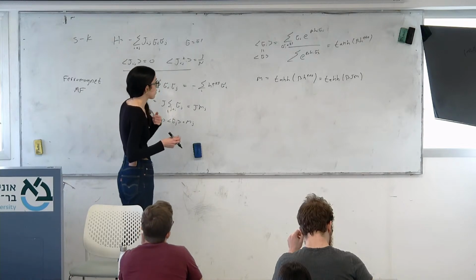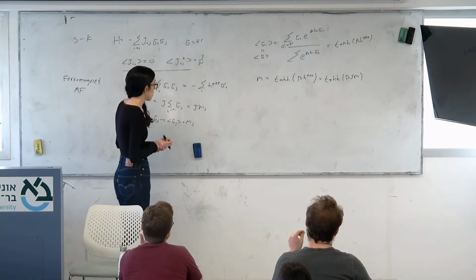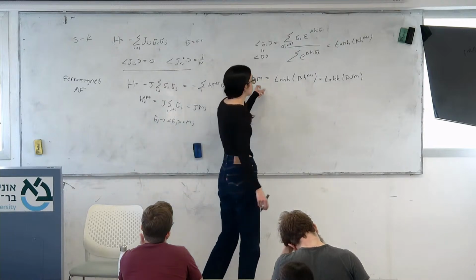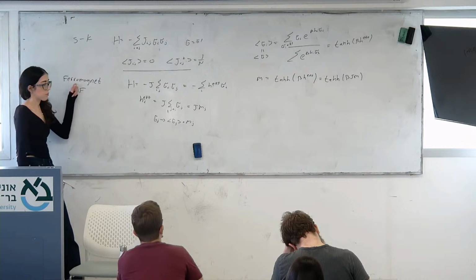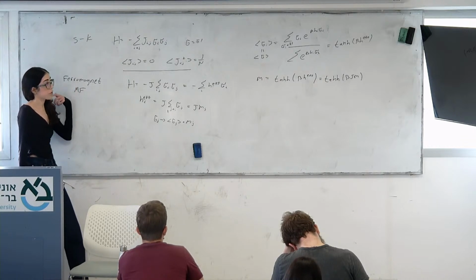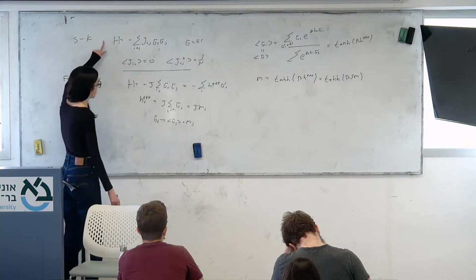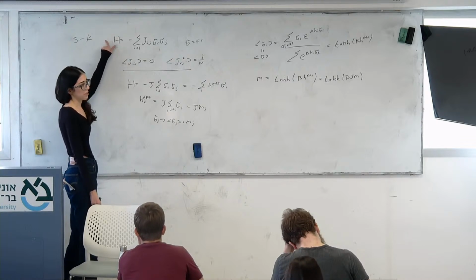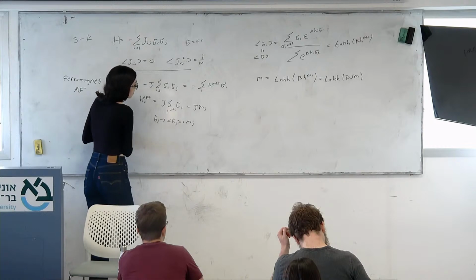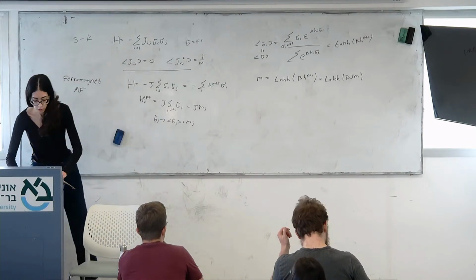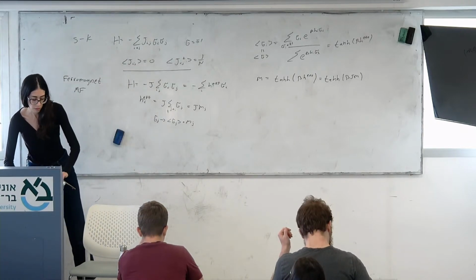Okay, so now instead of using the ferromagnetic Hamiltonian, we're going to use the spin glass Hamiltonian. What's going to change is basically here. I will do it in a different color to compare.